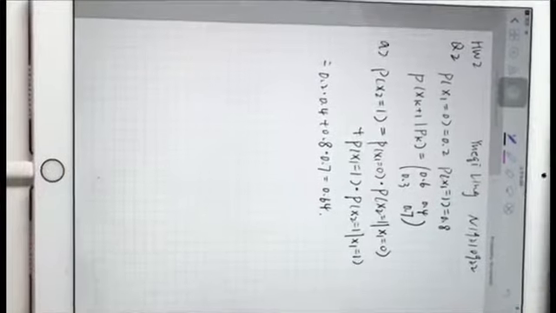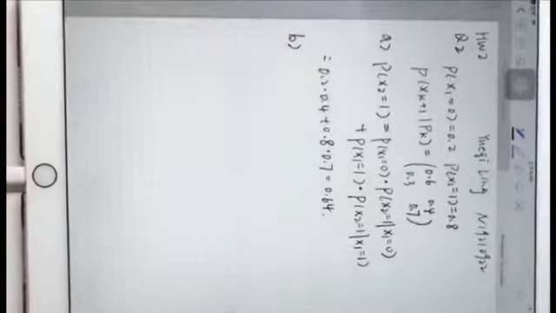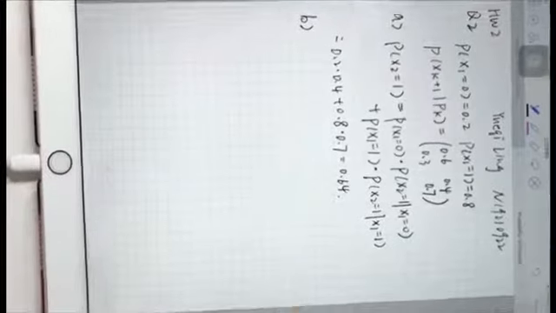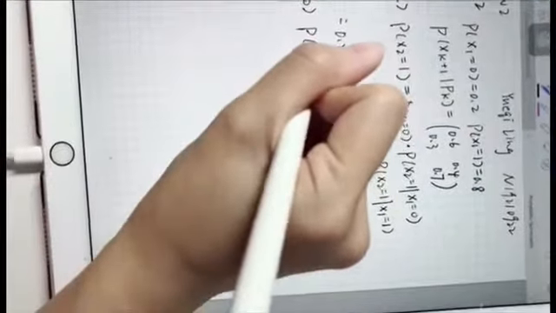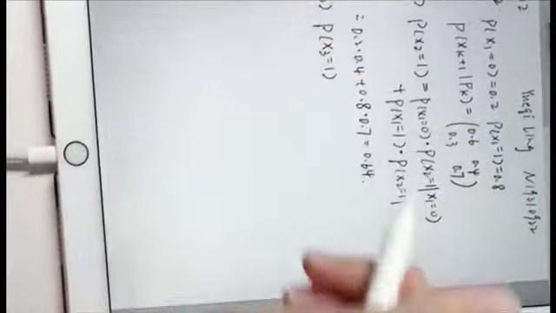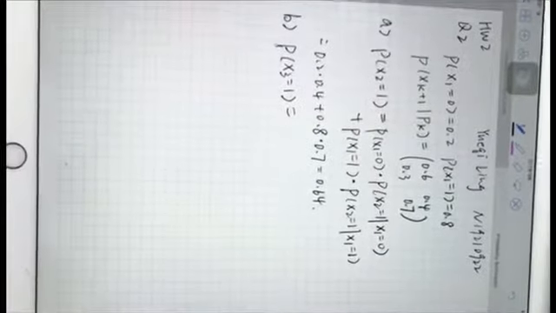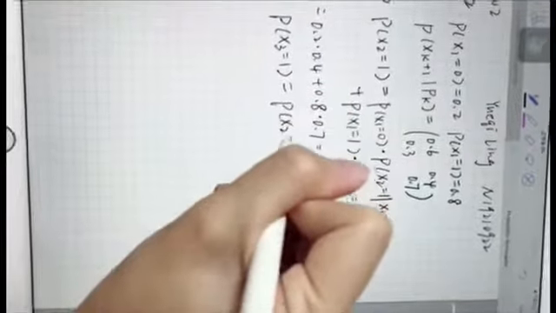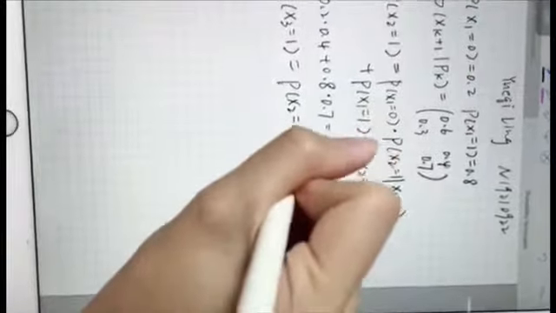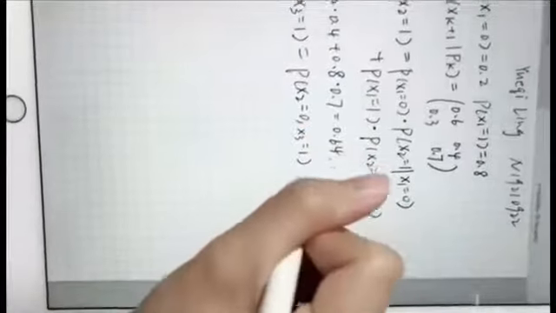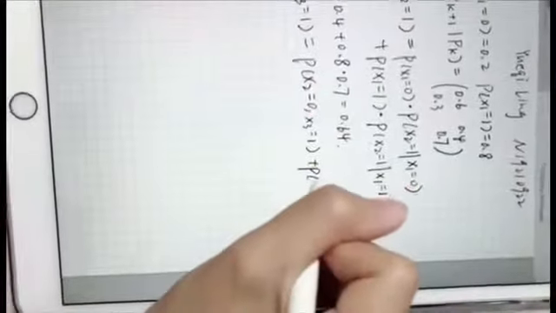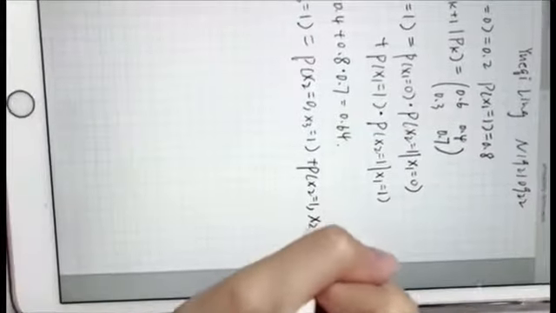And now let's come to question B. Question B is asking us to find the probability of x3 equals 1. It's almost the same question. It can have two situations. The first is x2 equals 0 and x3 equals 1, and the second is x2 equals 1 and x3 also equals 1.